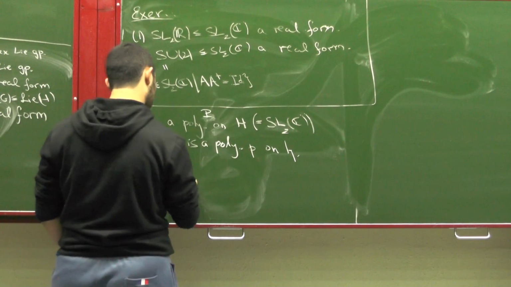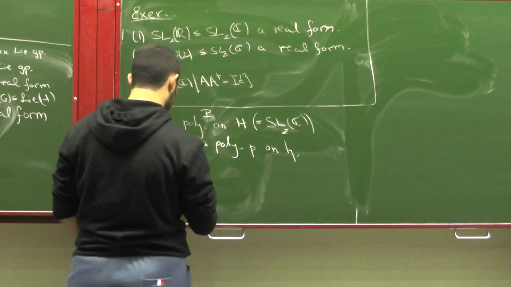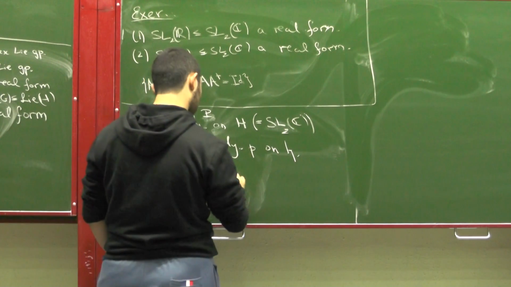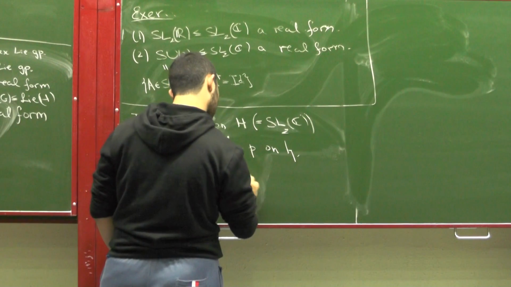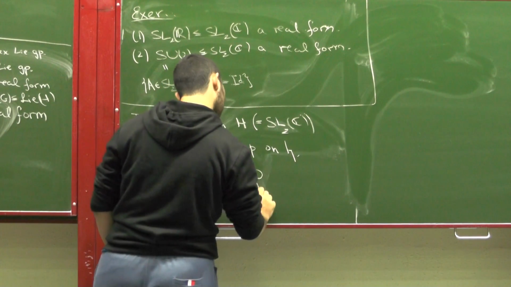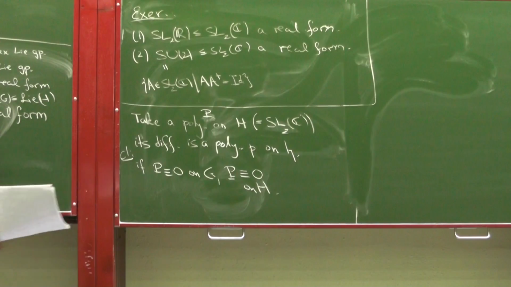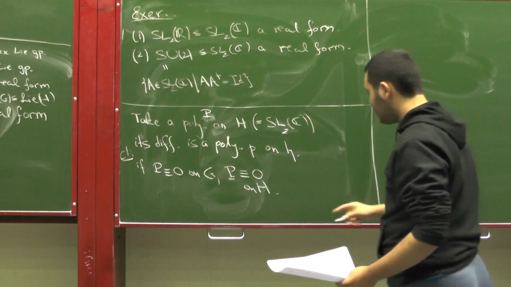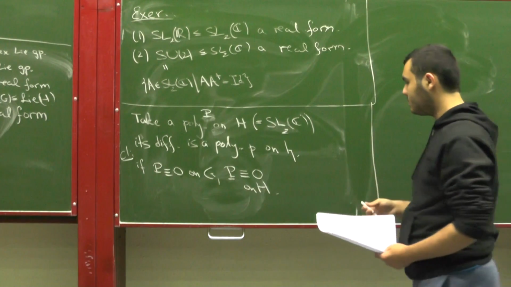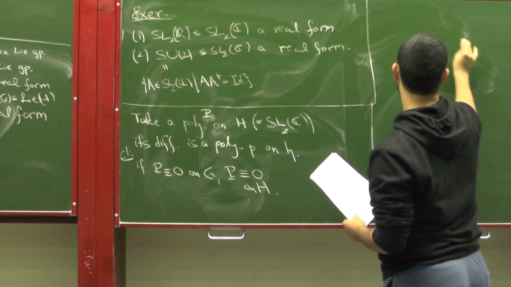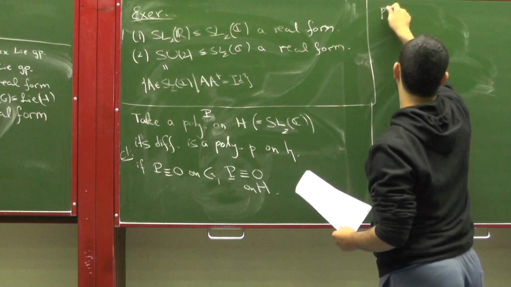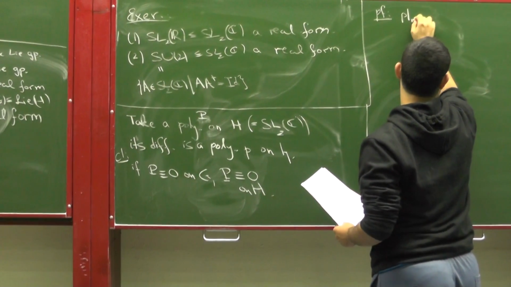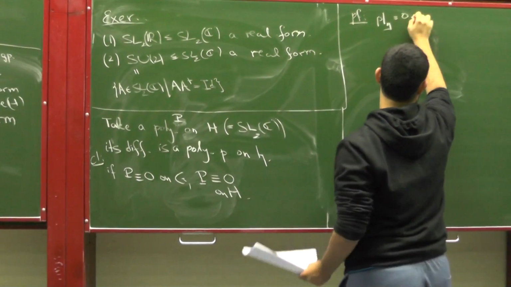Claim: if P vanishes on G, P vanishes on H. Because we know it's already 0 on G, I'm going to look at the derivative and show it's 0. If I look at the derivative at the identity, it goes the same at every point, I have that P inside G is 0.